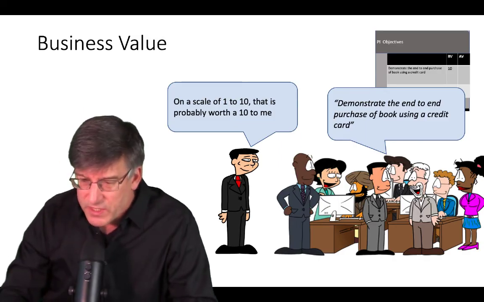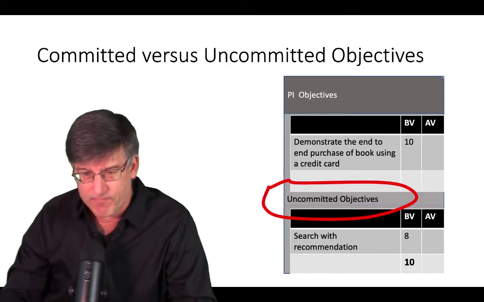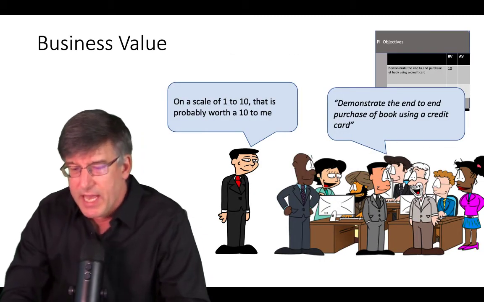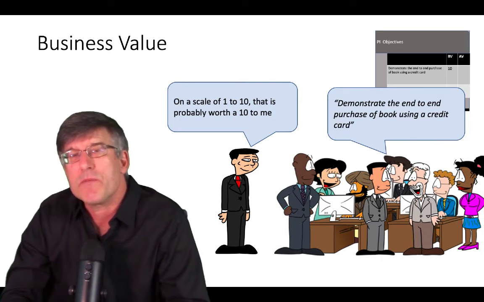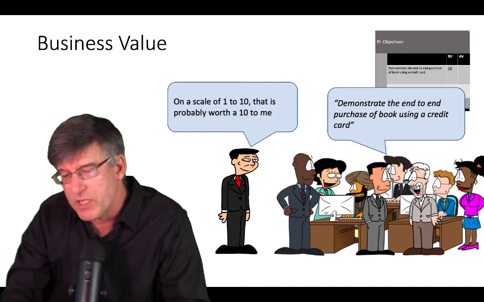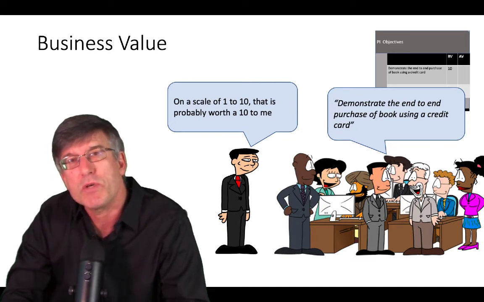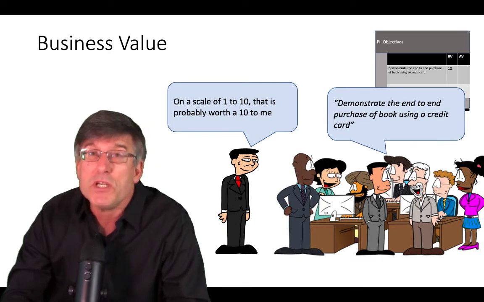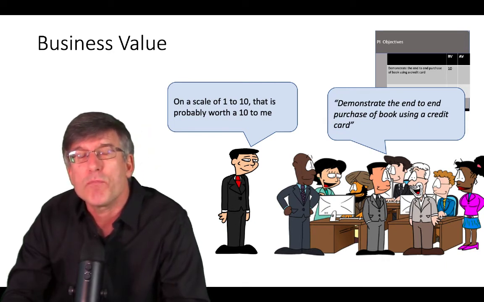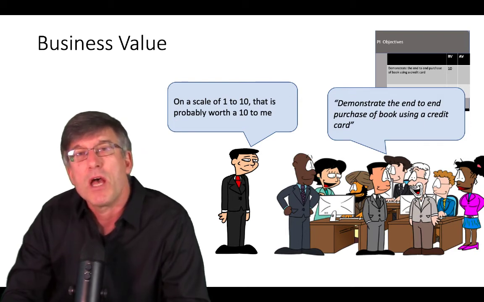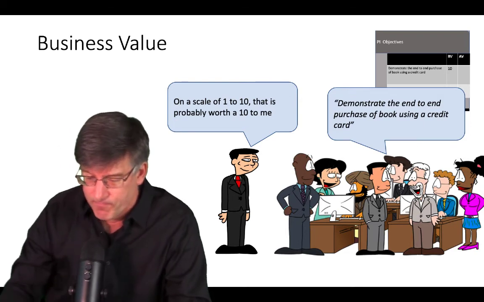So the next part of this is, of course, business value. And this is something that's caused a lot of people problems. The business owners will, during PI planning, come to the teams, look at their objectives, both their committed and uncommitted objectives, and assign them a business value.